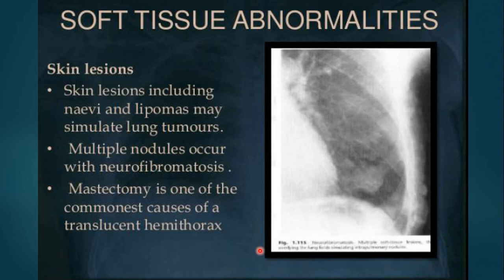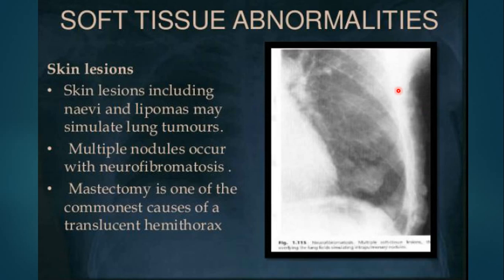You need to take at least two views, and you may need some tangential views to confirm that these lesions are in the skin, not in the lung. If you cannot confirm, then you need a CT scan to confirm the location and the exact nature of the lesion. For example, a lipoma, you expect it to be less dense than the soft tissue.